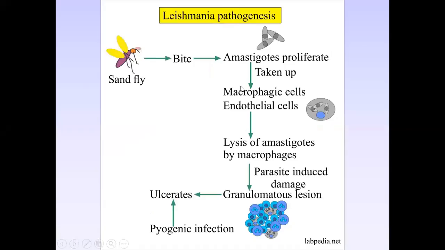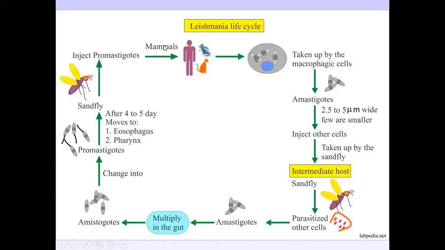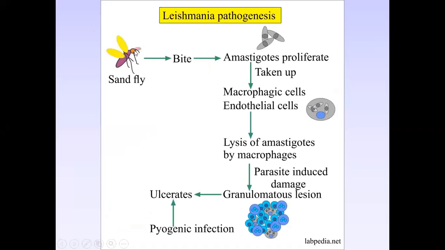Coming to the pathogenesis. Amastigote forms are going to proliferate within the tissues. They will be taken up by the macrophagic cells, by the endothelial cells, and once the macrophages are filled with the amastigote forms, the macrophage is going to be lysed.